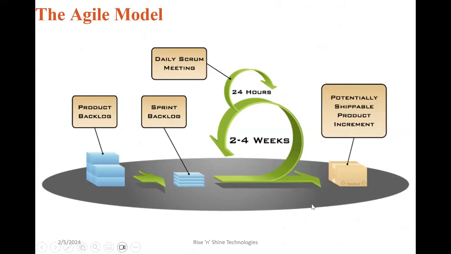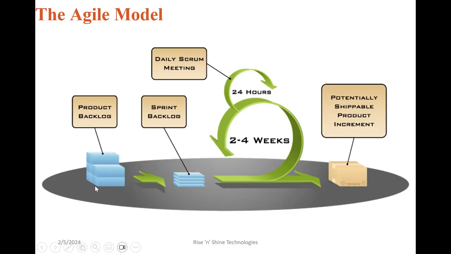Those are the two points. Each phase or life cycle is not just long duration, that is one point, and the second point is why the client is not part of the process. These two points changed the process model from waterfall, especially on the requirements, development, and testing side, and agile model has come up. Here, they don't release the entire product phase-wise. They split it into small units, or we can say product backlogs.